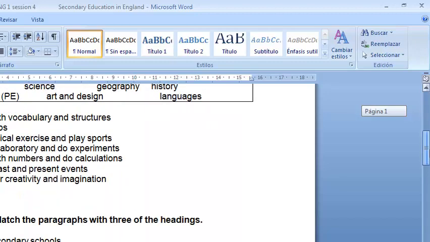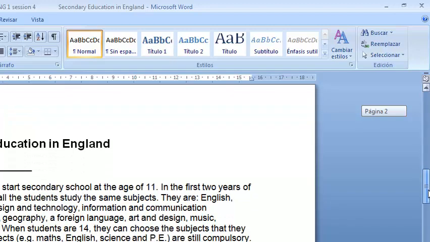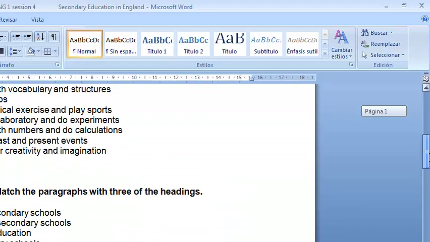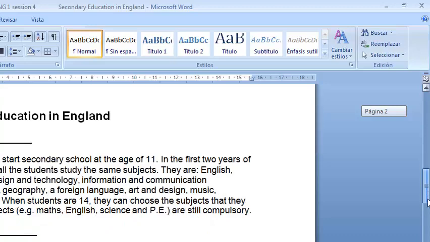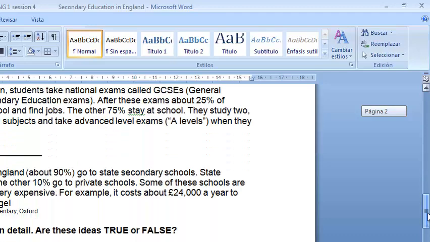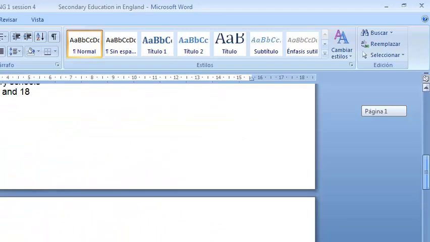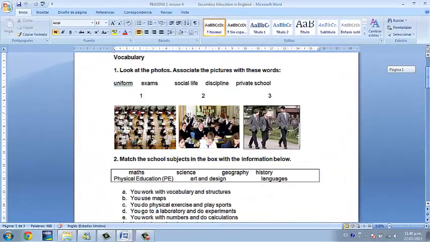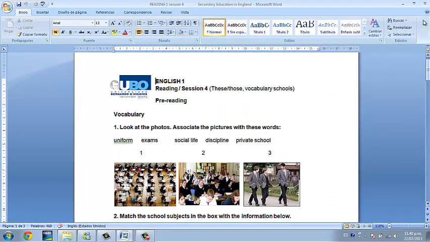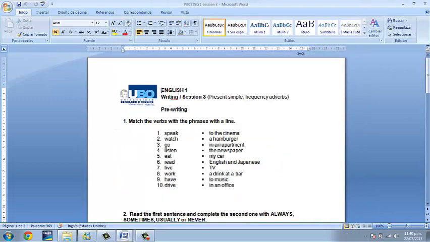Then, according to the reading, they need to figure out which topic applies better there. And then number 2, read the text in detail. Are these ideas true or false, from 1 to 10? This is related to the pictures above, of course, and that would be reading session 4.